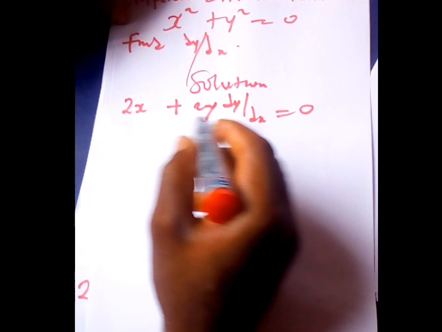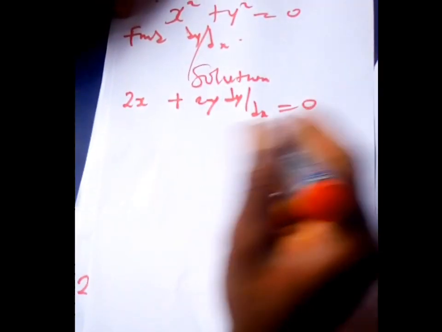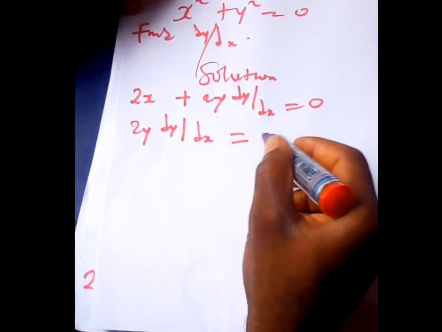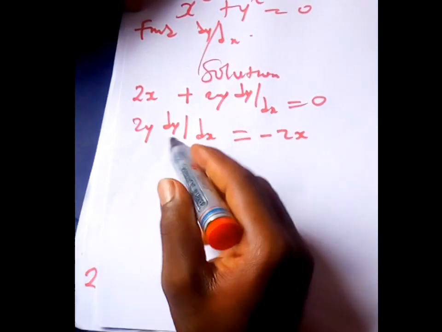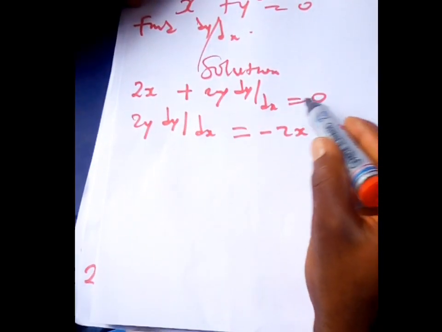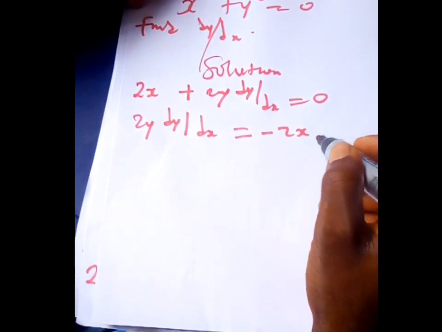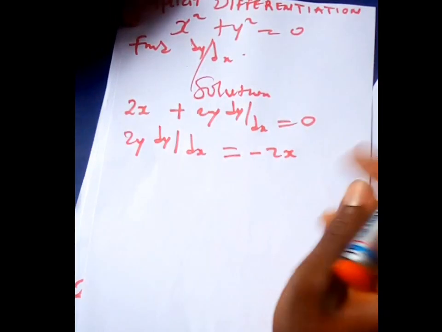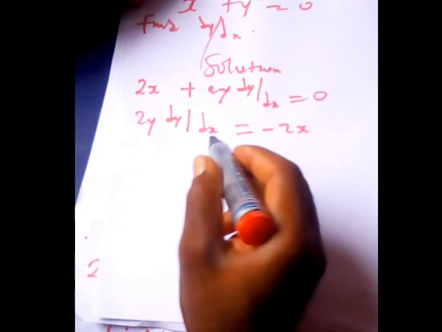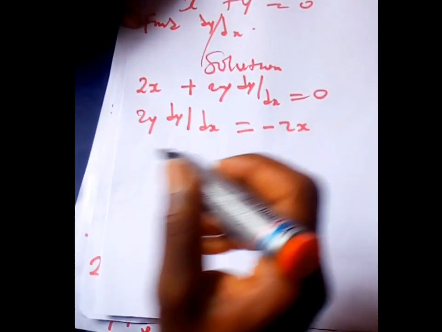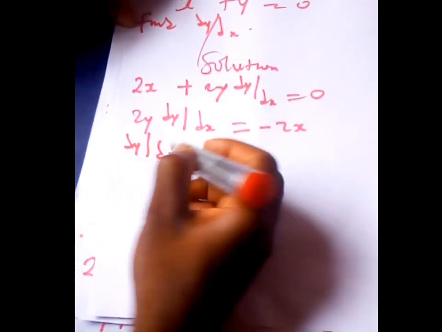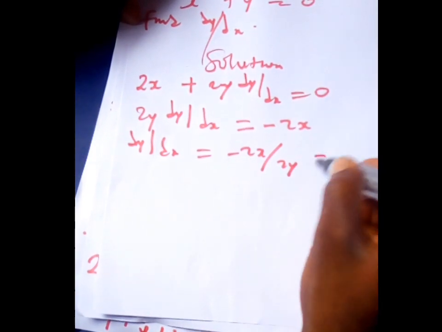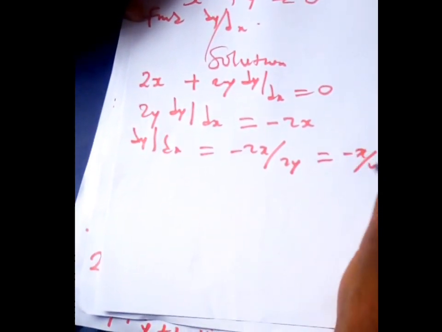Now, taking 2x to the other side of the equal sign will be 2y dy dx equals minus 2x, because any variable crossing the equal sign changes its sign. If it is positive, it changes to negative, and if it is negative, it changes to positive. Dividing both sides by the coefficient of dy dx, we have dy dx equals minus 2x all over 2y, which equals minus x all over y.